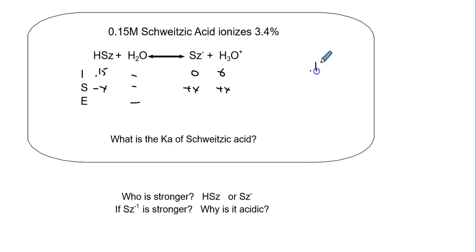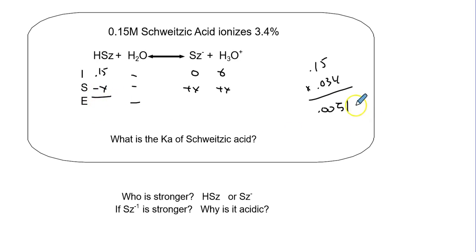So 0.15 times 0.034, and what do we get? I got 0.15 times 0.034 equals 0.0051. So that's this guy right here.